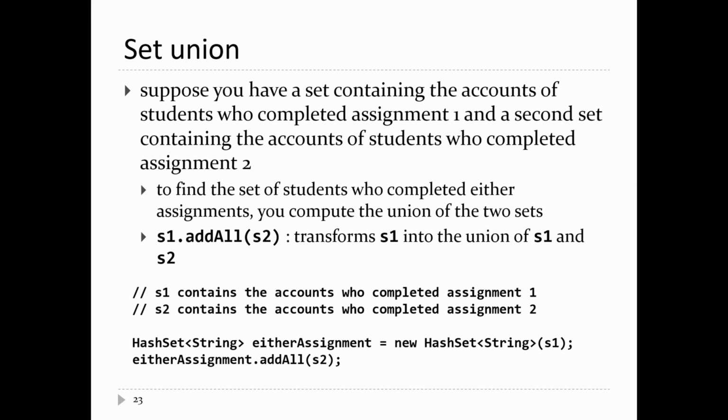So if S1 is the set of students who completed assignment 1, and S2 is the set of students who completed assignment 2, and I want to know who completed either assignment, I make a new set, copying S1, and then add all of the students in S2. That produces the set of all students who completed at least one of the two assignments.